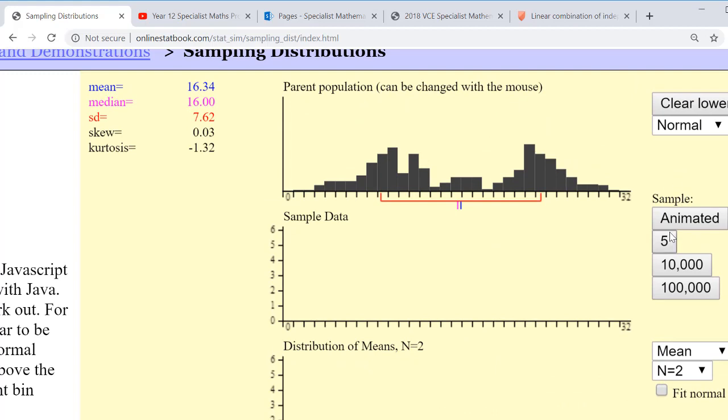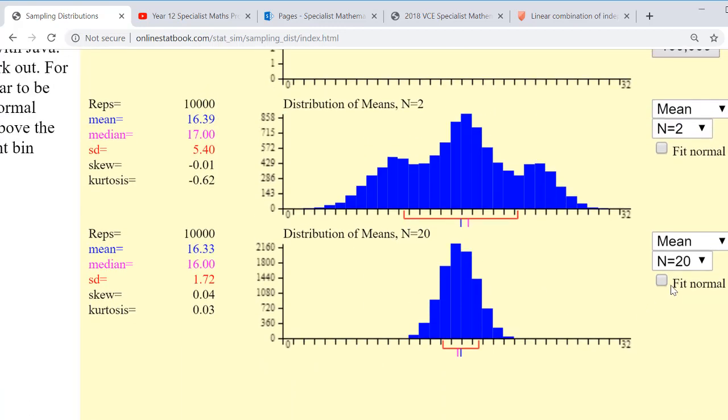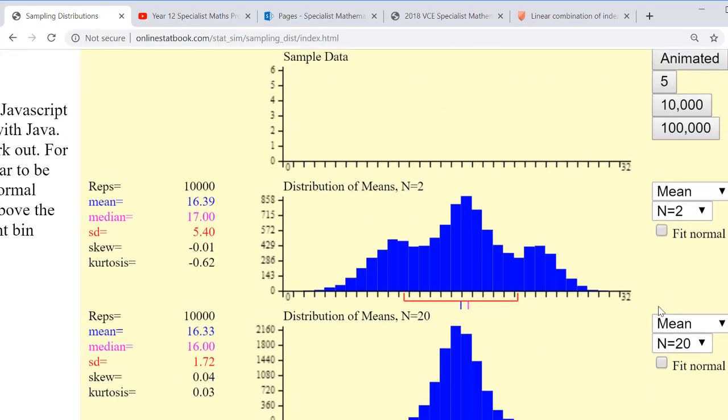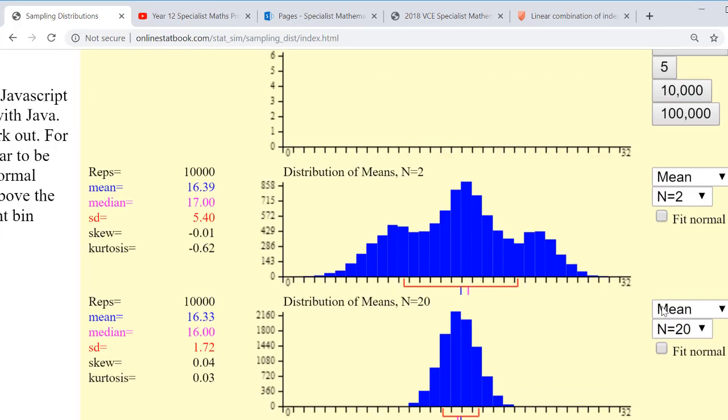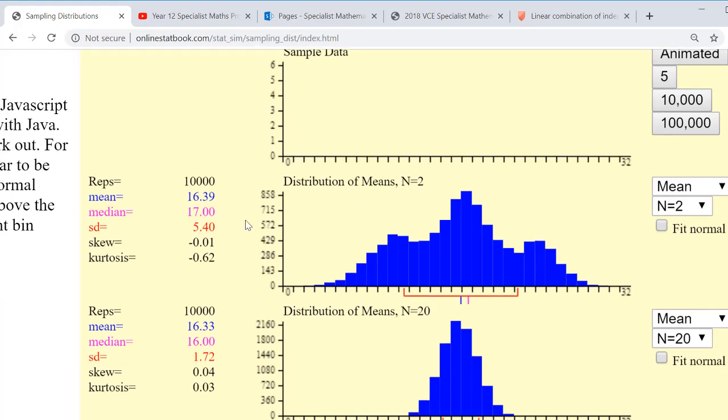We're not going to animate it, but we're going to do it 10,000 times. Okay, wow. As you can see, this is not a normal distribution. Is this normal? No, it's okay, but because it's size 2, it's not really a good indication.